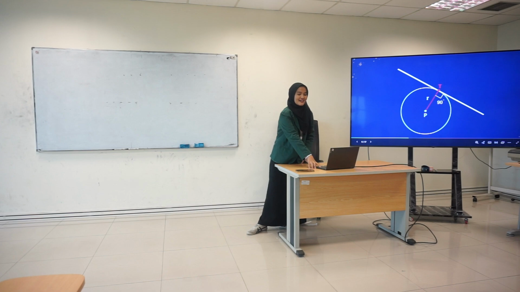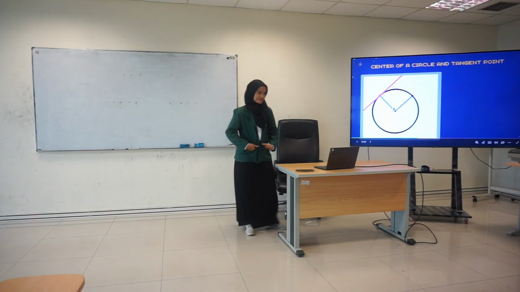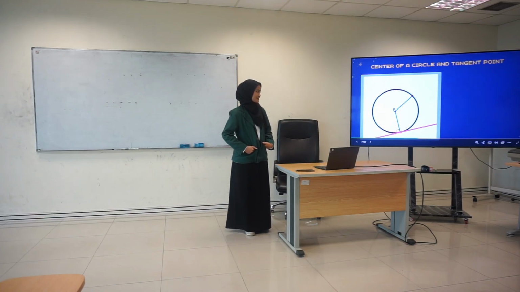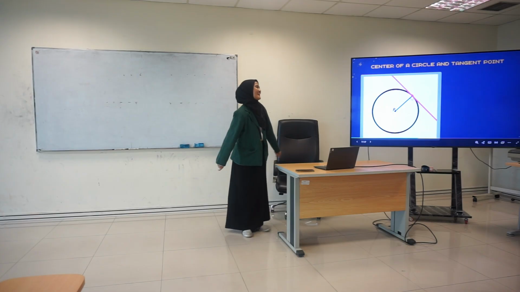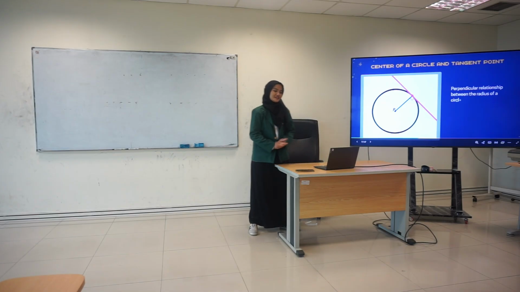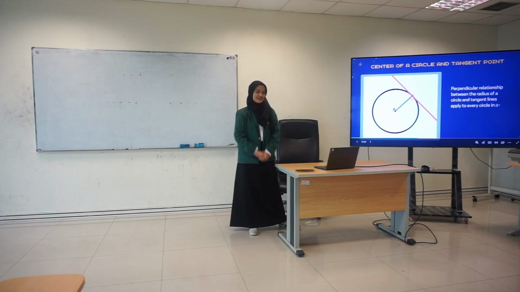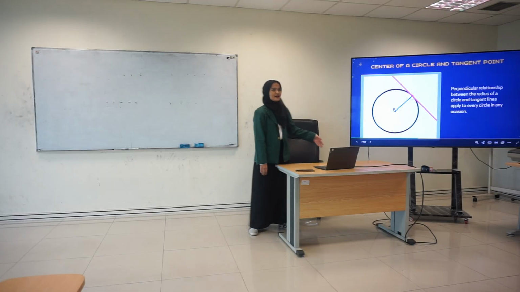You can get the answer from this illustration. What happened? It's the same, right? So the perpendicular relationship between the radius of a circle and a tangent line applies to every circle in any occasion.